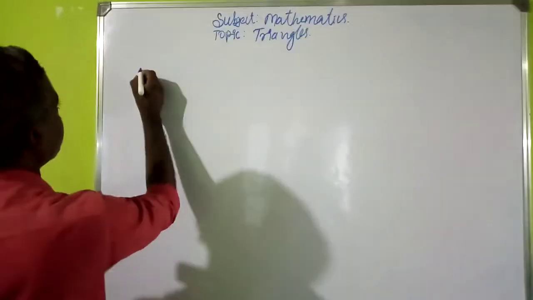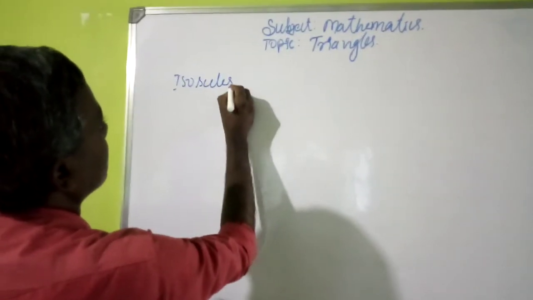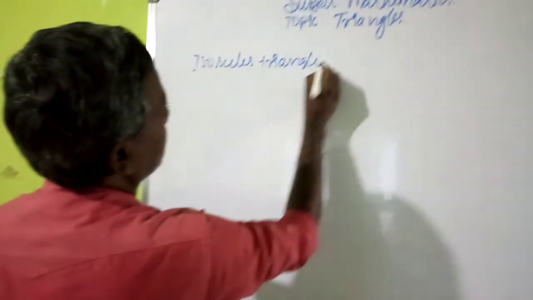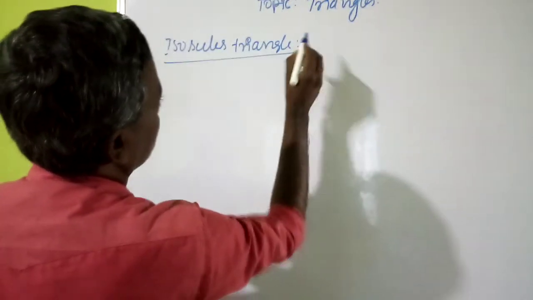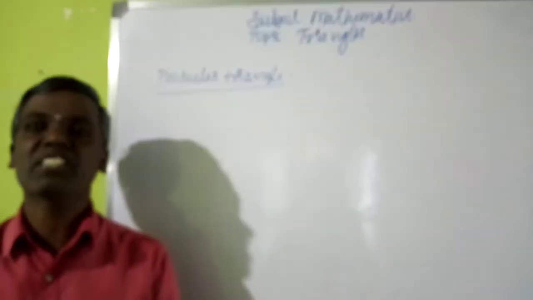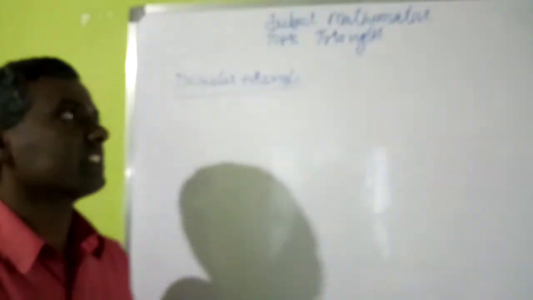An isosceles triangle means the triangle which has two sides equal in its measurement. Such a type of triangle is called an isosceles triangle.